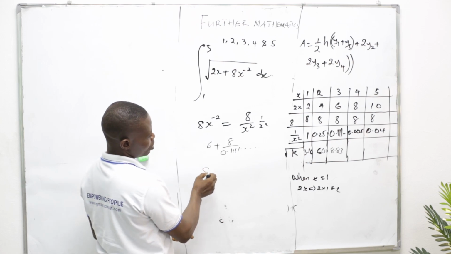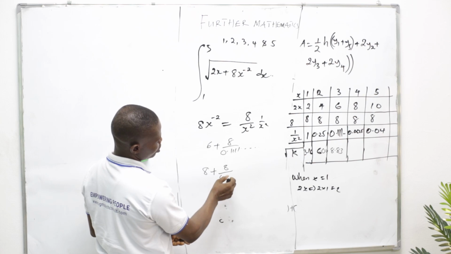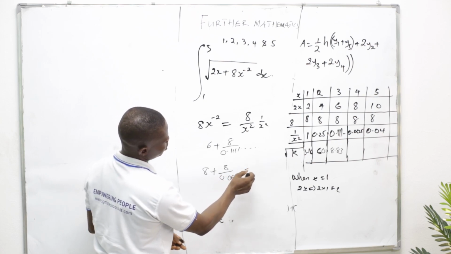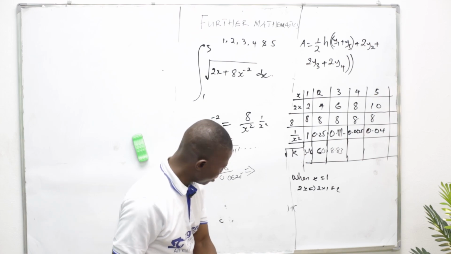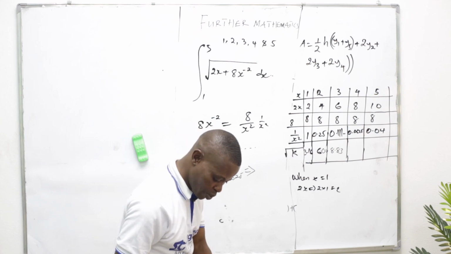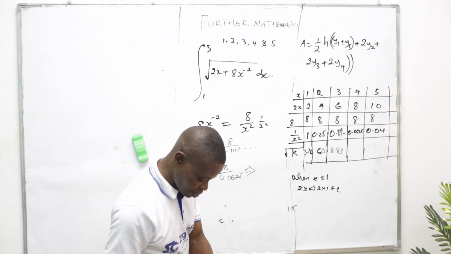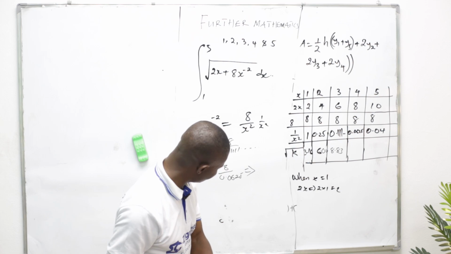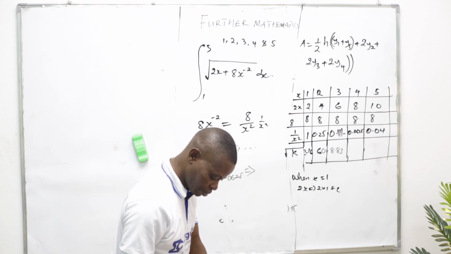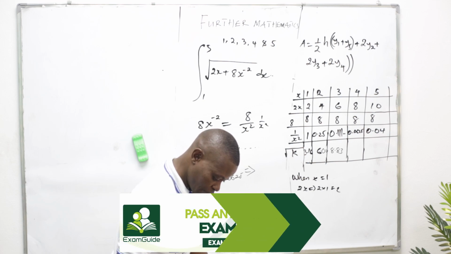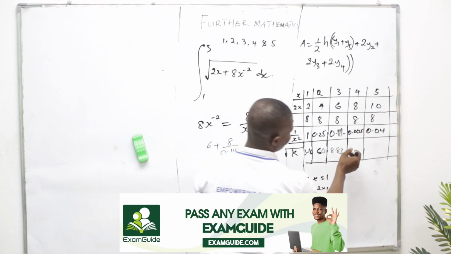Come to this place. I will have 8 plus 8 all over 0.0625. This will give me 8 all over 0.0625, 128 plus 8, 136. Square root of 136, 11.66.